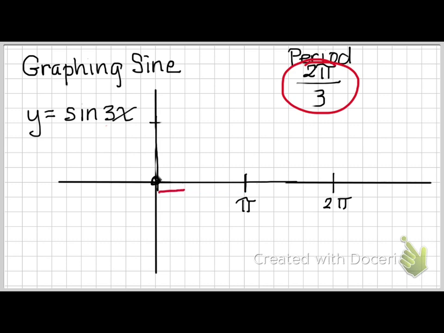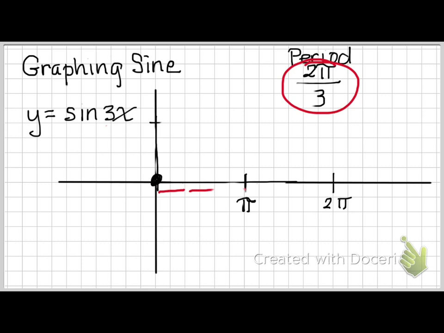Well, there's a third, there's 2/3, and there's 3/3. I need a cycle to happen in 2/3 of pi. So I'm still going to start at 0. And then I need to break this up, the 2/3, which is where I need the cycle to occur, I'm going to break that up into fourths.